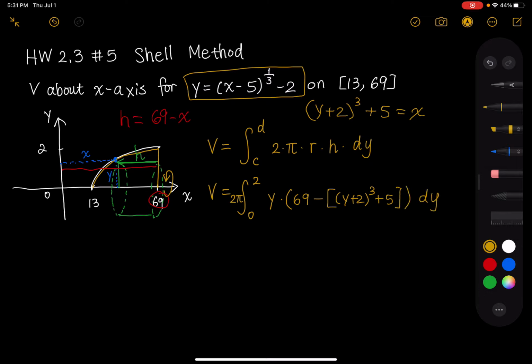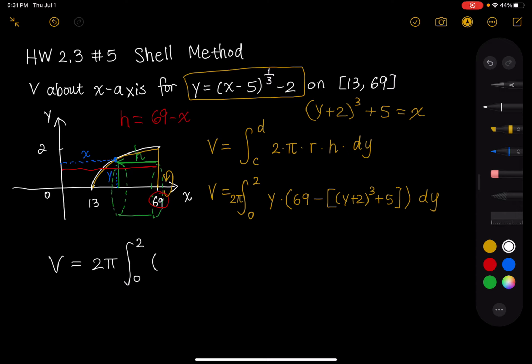Now you complete the setup for this volume. And to solve this problem, you just need to recognize it's a polynomial. So you just simplify everything. So you get the volume equals 2 pi integral from 0 to 2.